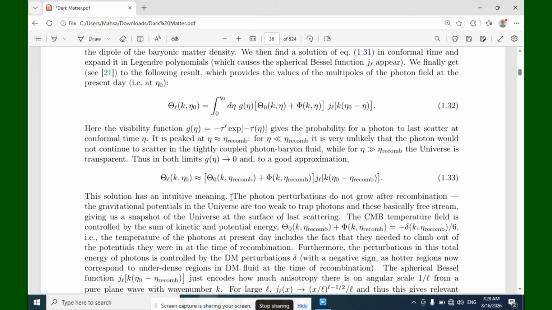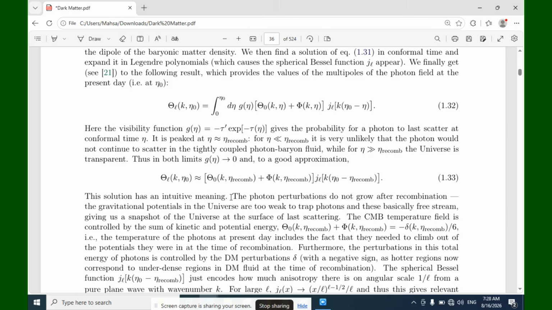Thus, in both limits, g(eta) tends to 0, and to a good approximation, we have theta_l of k and eta_0 is equal to theta_0 of k and eta recombination plus phi of k and eta recombination, multiplied by j_l of k times (eta_0 minus eta recombination).